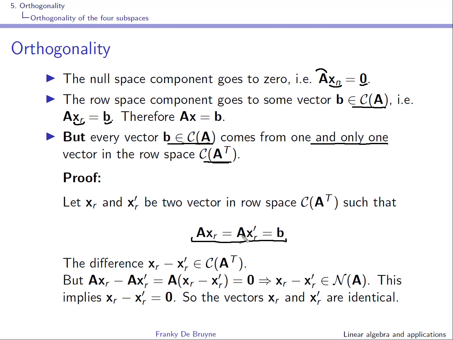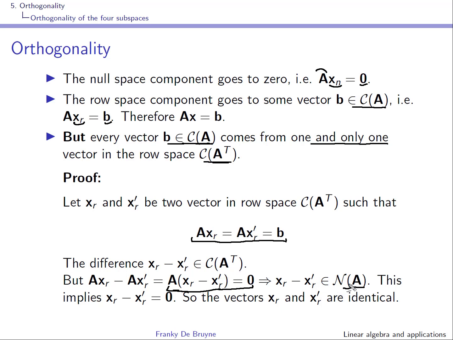This means also that the difference between the two vectors xr and xr prime, which are vectors in the row space, must also be in the row space, because a linear combination of two vectors in the row space must also be in the row space. So the difference here is in the row space, but writing this equation is equivalent to writing this equation, and this means that the difference xr minus xr prime is in the null space.